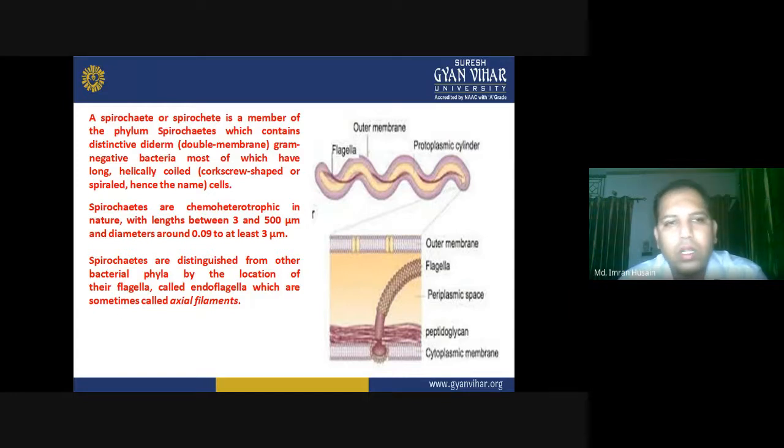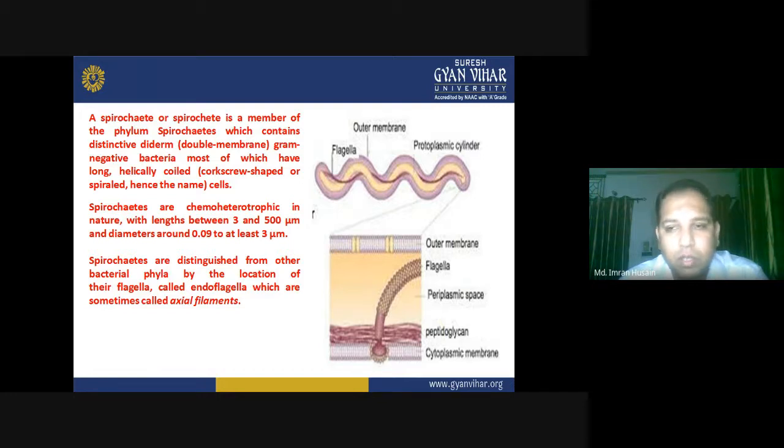A spirochete is a member of phylum Spirochetes, which contains distinct diderm, which means double-membrane, gram-negative bacteria, most of which have long helical coiled, corkscrew-shaped or spiral forms, hence the name of this particular type of bacterial cell.